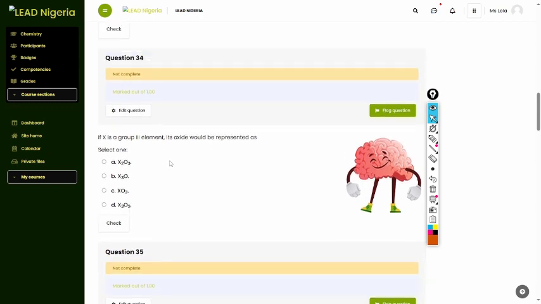Alright, question 34. If X is a group 3 element, its oxide will be represented as, so let's find out. If element X belongs to group 3, it means that it has 3 electrons in its outermost shell.